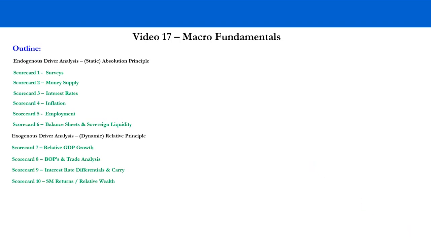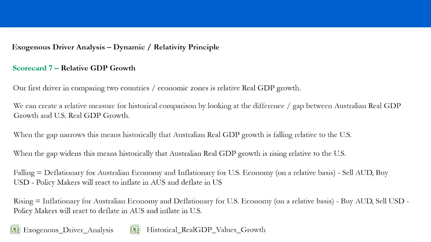So when we're looking at relative GDP rates, it's our first driver to compare two countries because we're looking essentially at the differential of growth between the two economies. So we look at the two countries or economic zones in relative GDP growth terms. How fast is Australia growing compared to the United States? How fast is the United States growing compared to Australia?